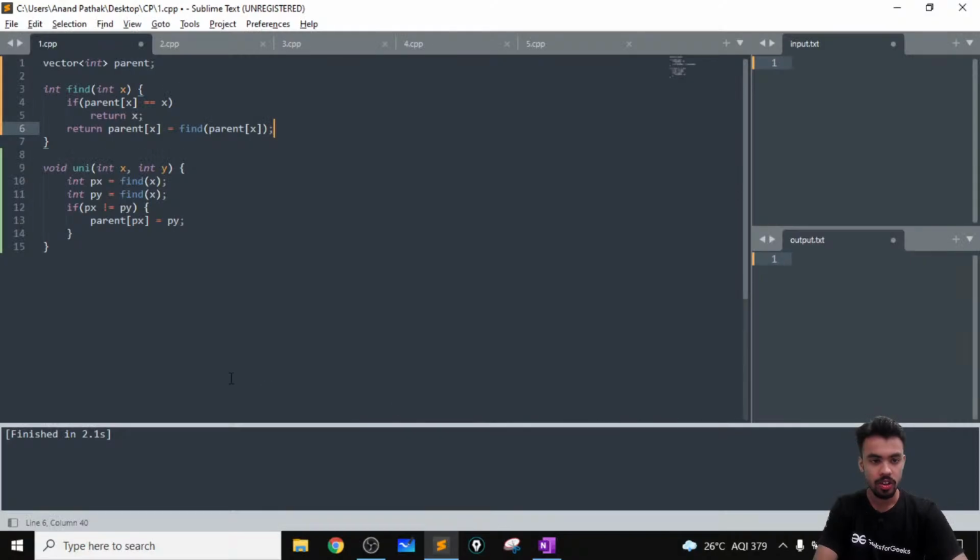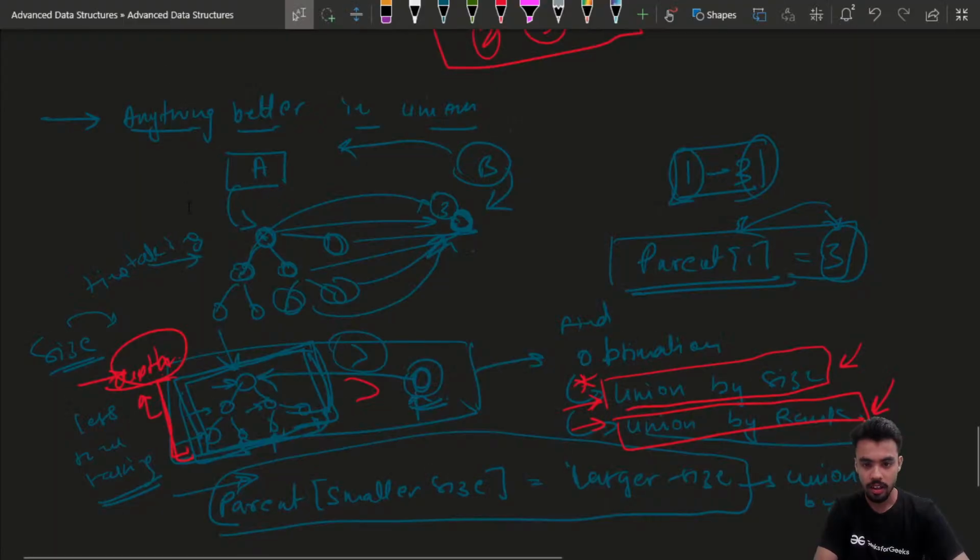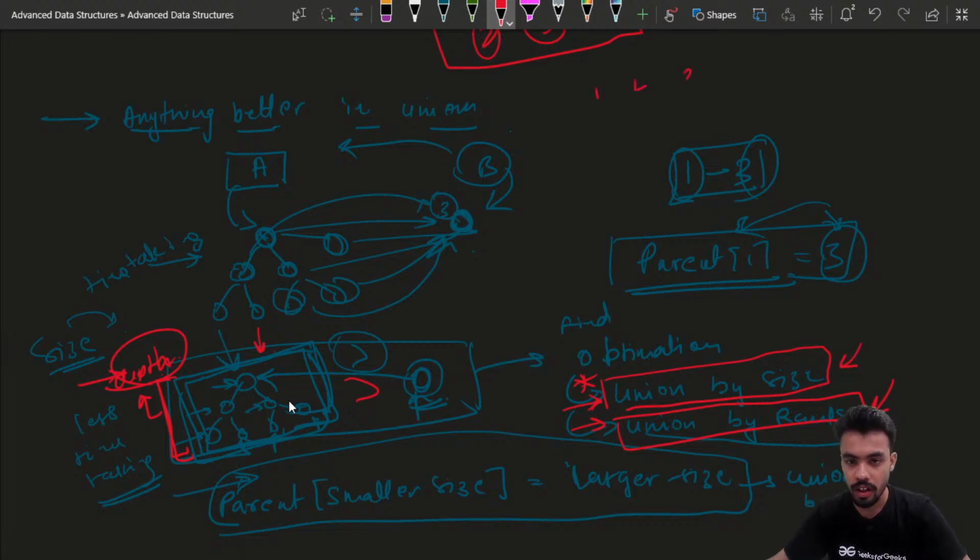So what we have to do is, how are we going to get the size of anything? Suppose this is the number of people, 1 2 3 4 5 6 7.